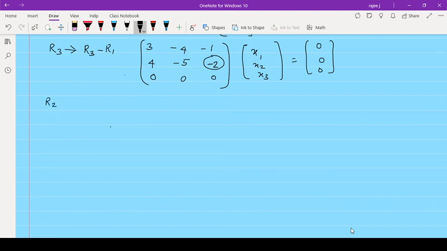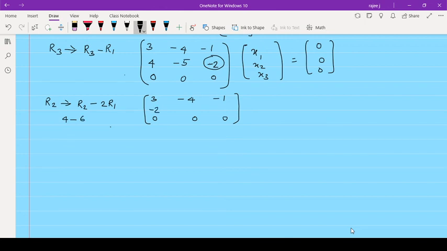R2 changes to R2 minus 2R1. Then this becomes 0. Last row will remain 0, 0, 0. So the first term will become 4 minus 2 into 3, 4 minus 6, so it is minus 2 here.